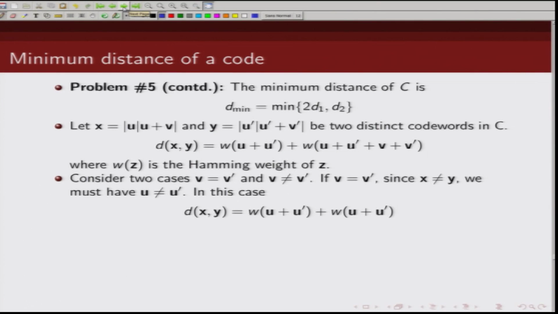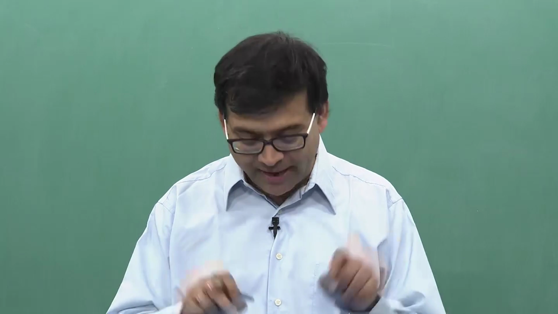Now, note X and Y are distinct code words, so let us consider two scenarios. In the first case, we consider V the same as V prime. In the second case, we consider V not the same as V prime. If V is the same as V prime, since X and Y are distinct code words, U is not the same as U prime.